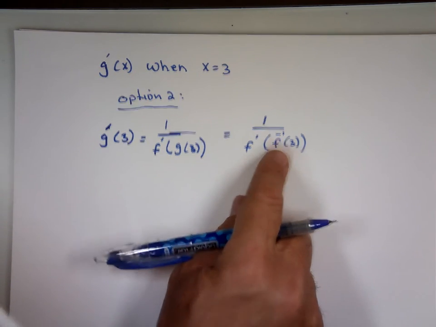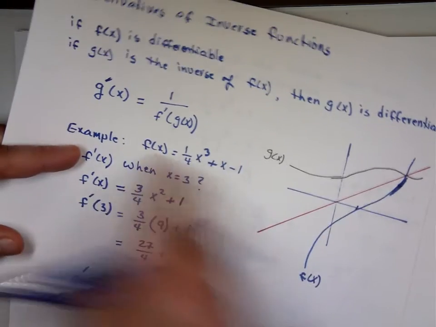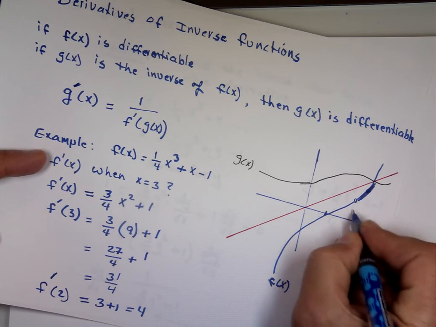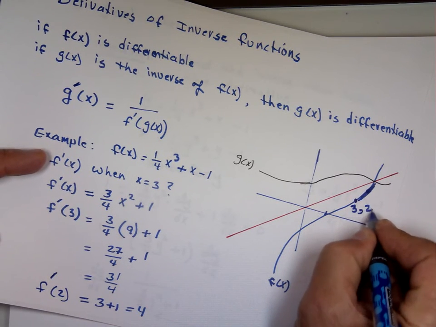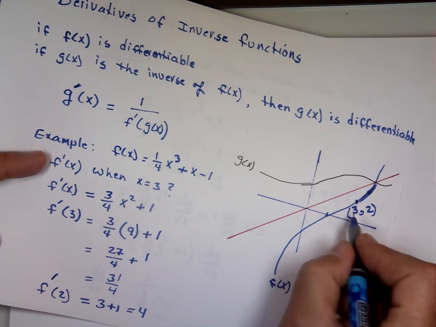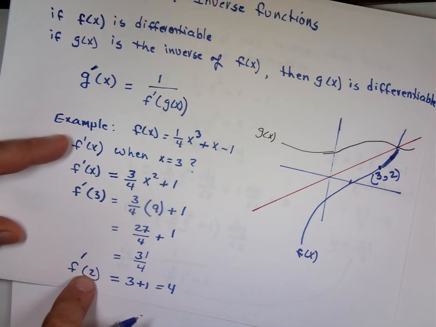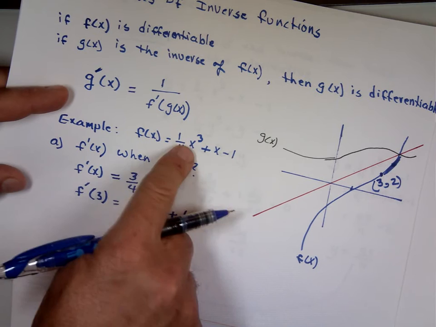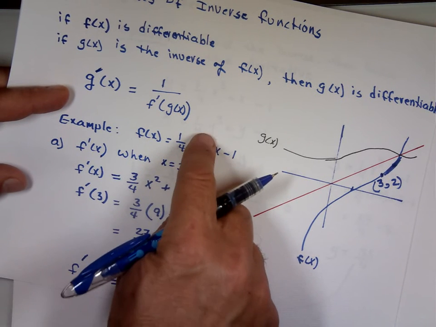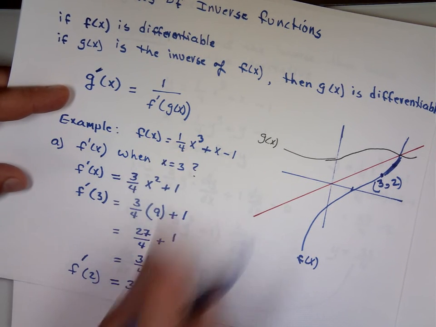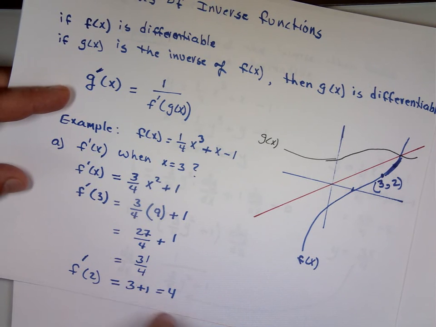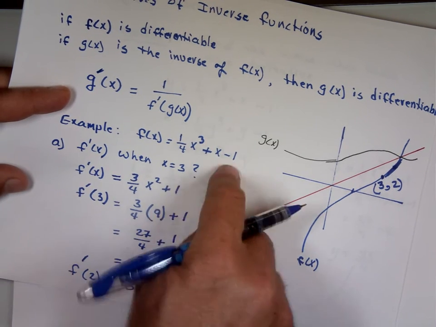I need to know which value, since that's the inverse of that. For example, when this is 3, if the y value is 2 here, or when this is 2, what do we have? 2. That's 4. That's 1. That should have been a minus.